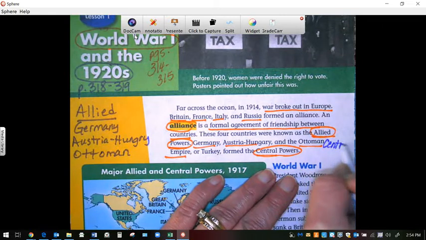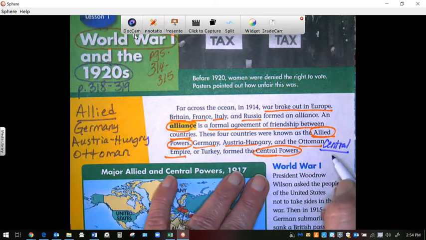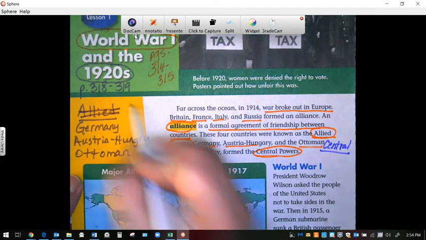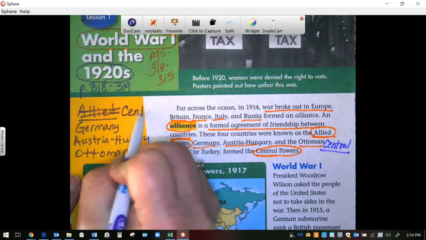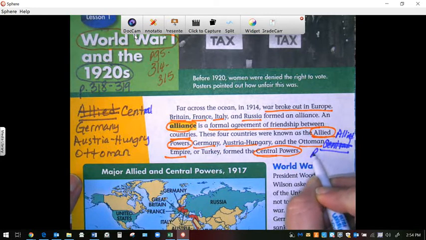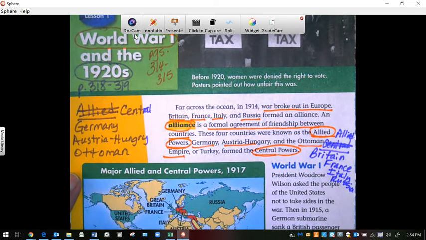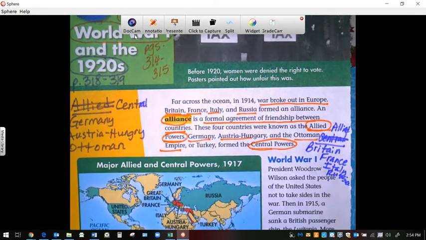Central, oops, I have those backwards. Sorry. These are the Central, and the Allied were Britain, France, Italy, and Russia.